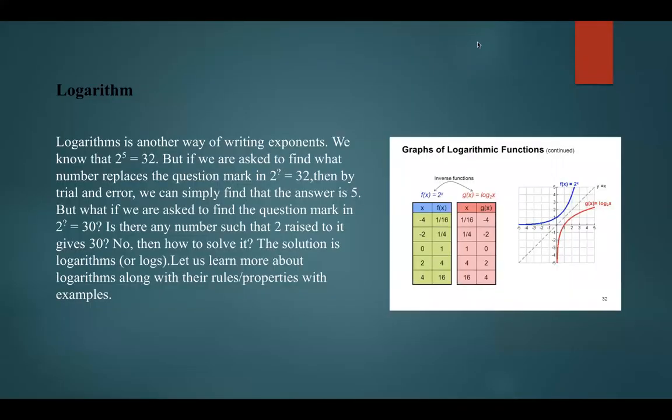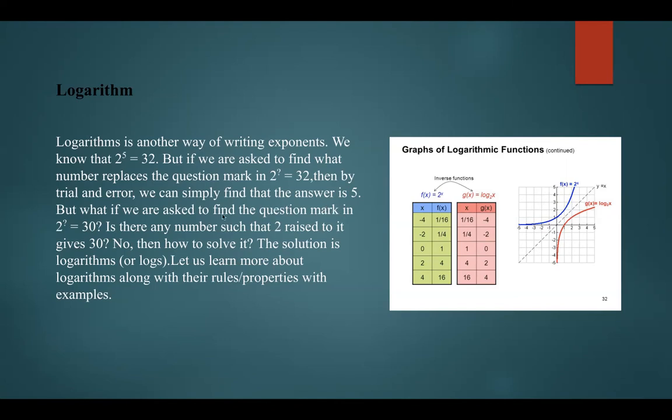In the next part we will learn about the logarithm more. Logarithms are another way of writing exponents. We know that 2^5 = 32, but if you are asked to replace the question mark in 2^? = 32, then by trial and error we can simply find the answer is 5.